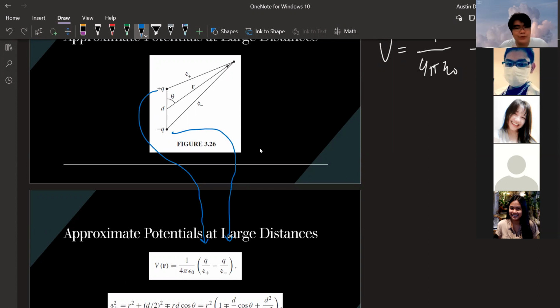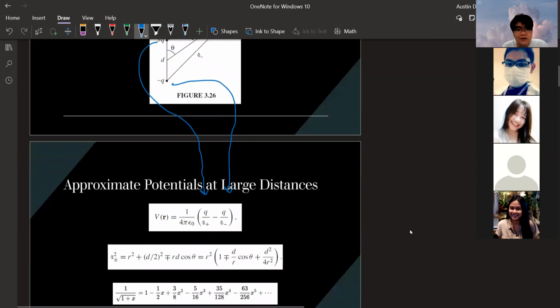So let's try to replace the curly R in terms of R, kung ano yung distance from the center of those two charges to the point of interest, and with respect to D also. Okay, so law of cosines.